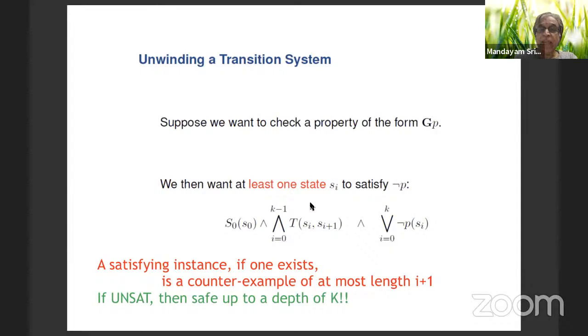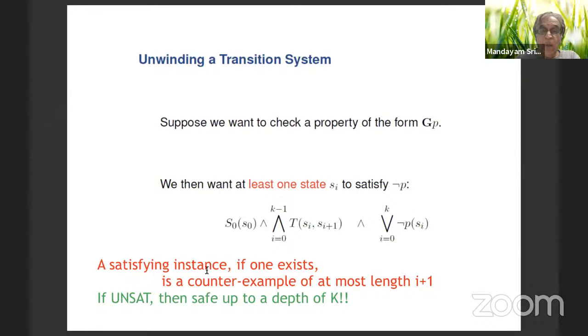If you want to check P, you want to check that not P is violated. Bounded model checking, as I said, is the idea of checking whether counterexamples of up to a certain length exist or not.